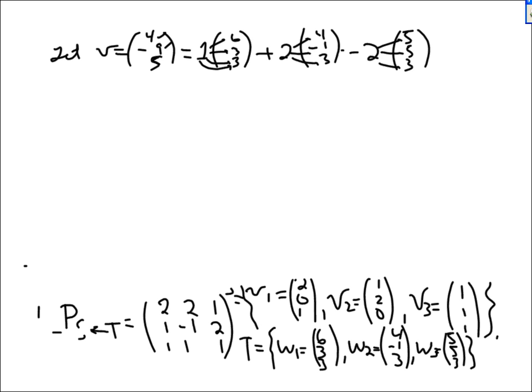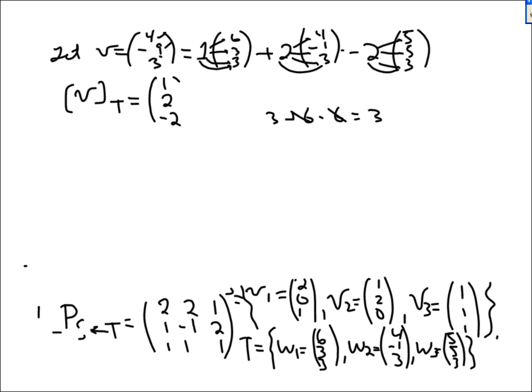This gave me 3 plus 6 more minus 6. Well, that cancels out, so I just get 3. Wonderful. Instead of calling it 5, let's call it 3. So now it works. V with respect to the basis t is 1, 2, negative 2.